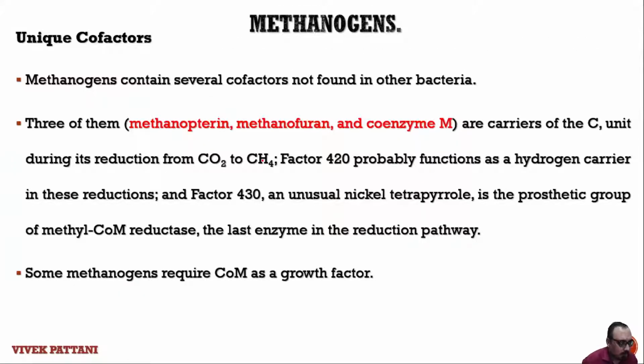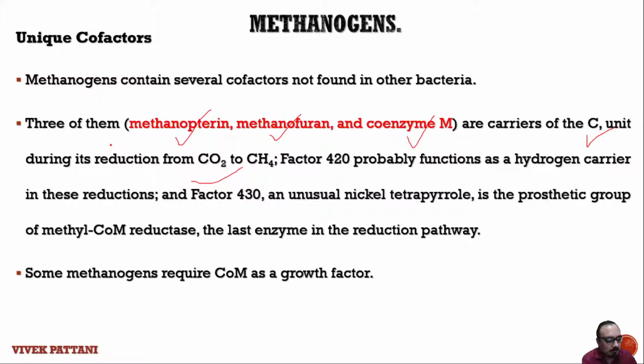Now moving forward with the unique factors which have been identified till now in the case of methanogens. Methanogens contain several cofactors not found in other bacteria, of which three are methanopterin, methanofuran, and coenzyme M, the carriers of the carbon unit during the reduction of carbon dioxide to methane.